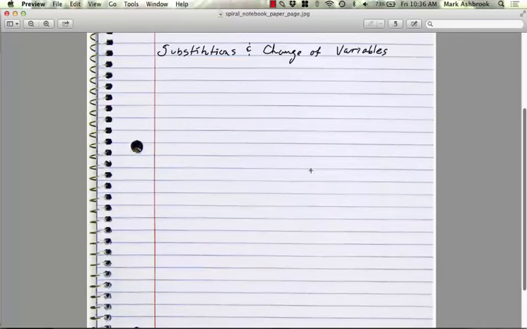But so we want to talk about substitutions and change of variables. So let's look at this problem right here. When you look at this, what do you notice?